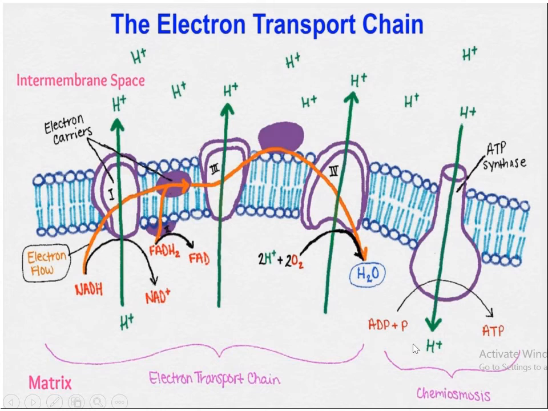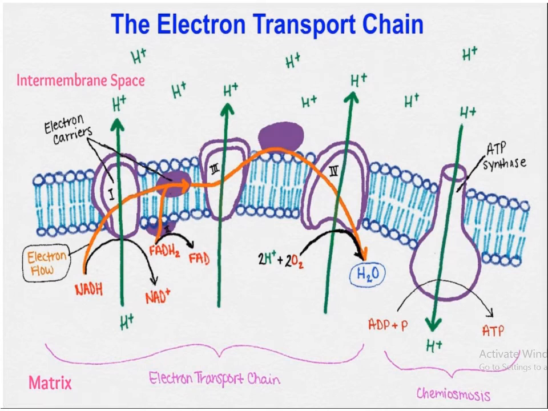When they do this, it is an energy input that catalyzes the conversion of ADP to ATP. ADP and inorganic phosphate combine by using this proton transfer energy, and then they produce ATP molecules. Thus ATP is produced.